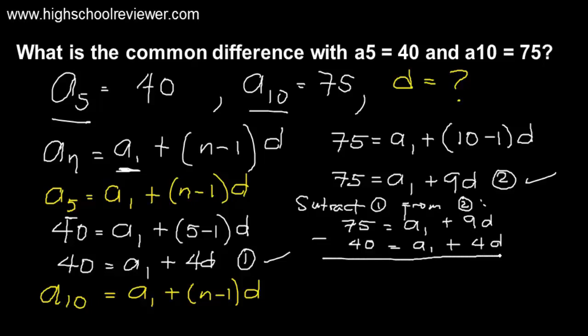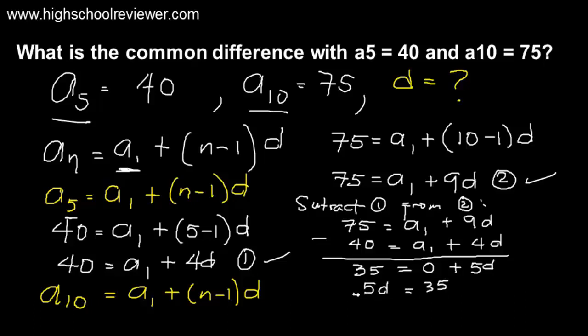So subtracting, we have 75 minus 40, this will be 35, equals a sub 1 minus a sub 1 is 0, and positive 9d minus positive 4d is plus 5d. So we can rewrite this: 5d equals 35.